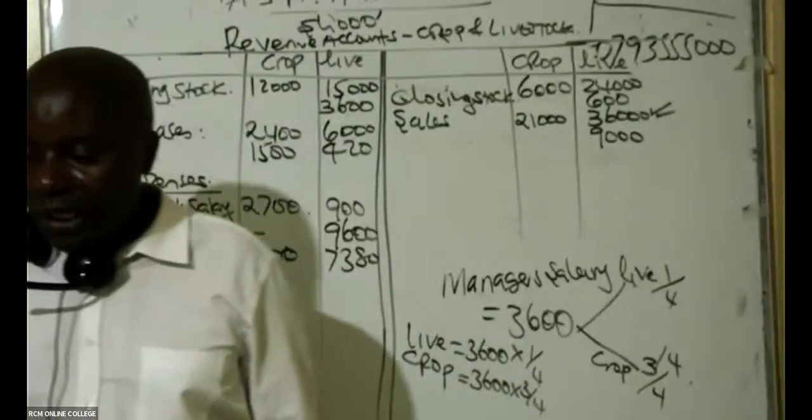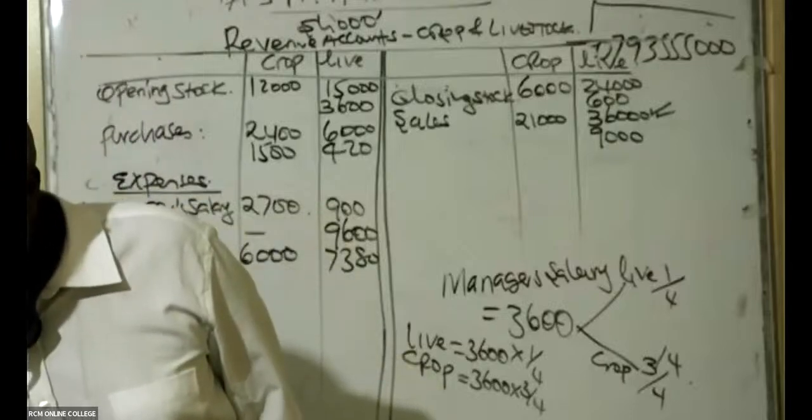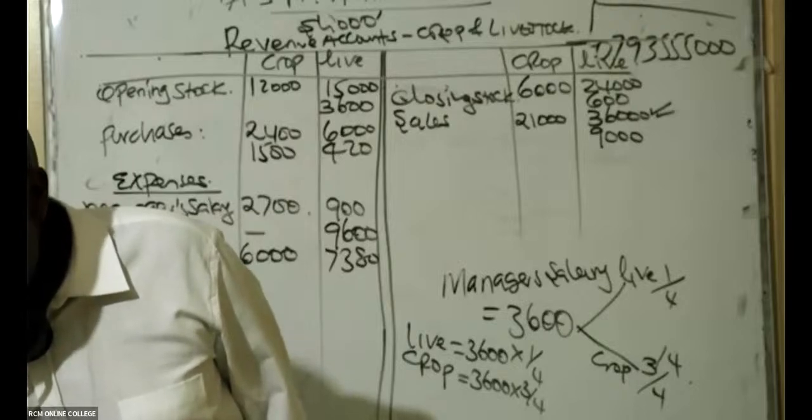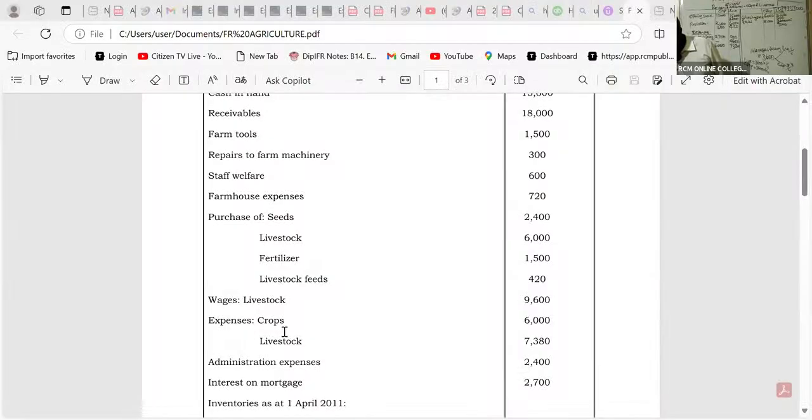All right. So expenses for each biological asset we've been able to book. Ladies and gentlemen, after that, we look for other expenses. You're simply combing through your trial balance to understand it very well. What is your comment on these administration expenses? Of course, even the additional information, they haven't told us anything.